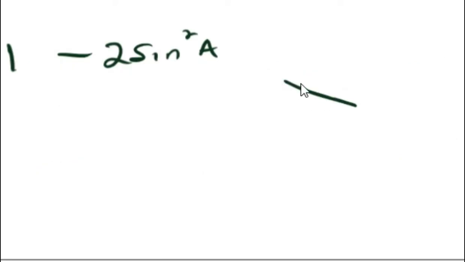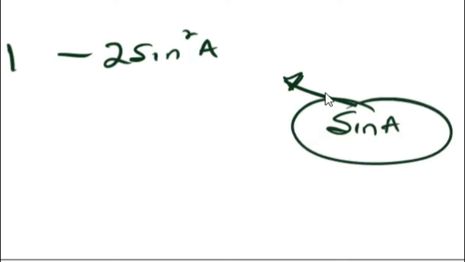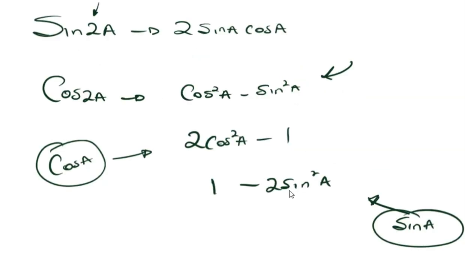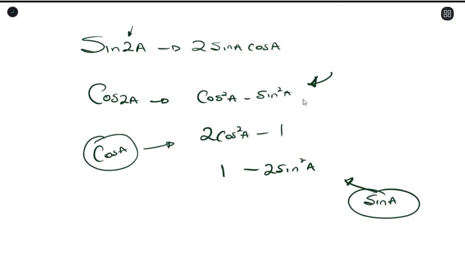If the majority of the question has sine in there, or you notice that you are missing sine but can work with sine, try to use this. If you see a mixture of sine and cos and you're not 100% sure which one to choose, definitely choose the first one that we have over here. That's exactly what I recommend whenever you use double identities.